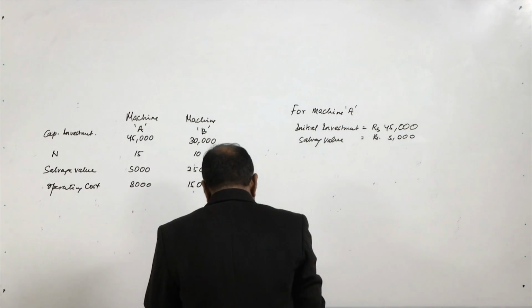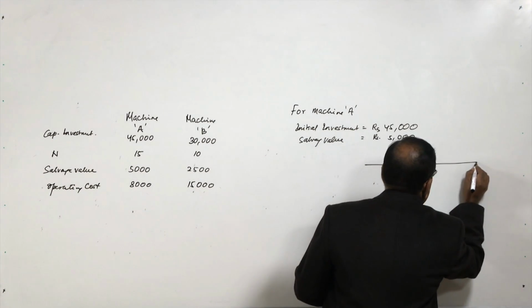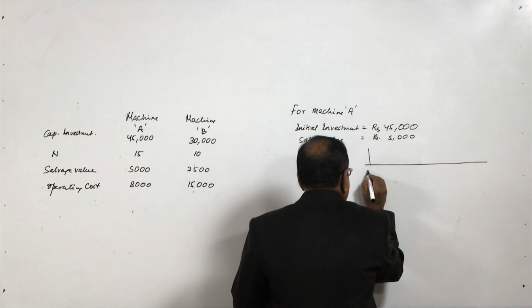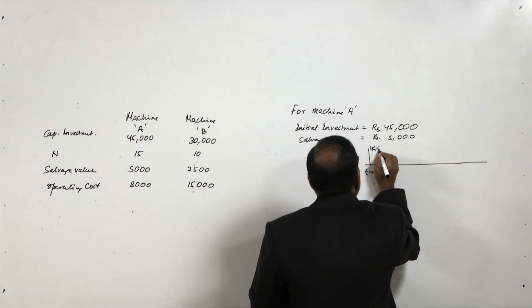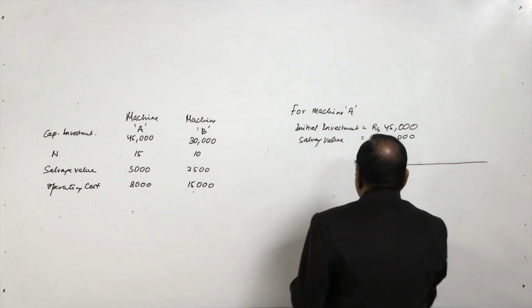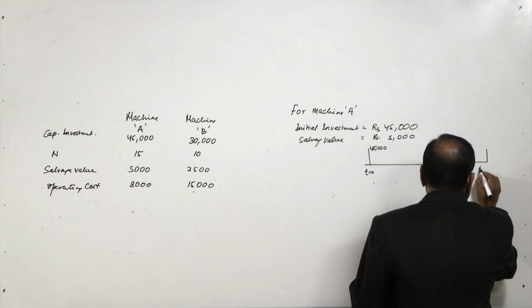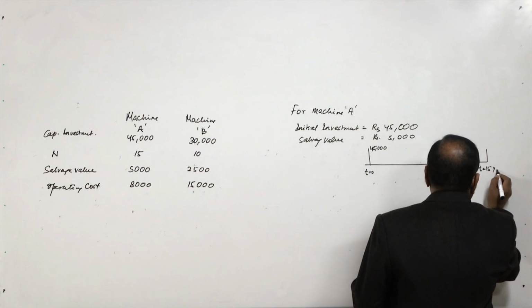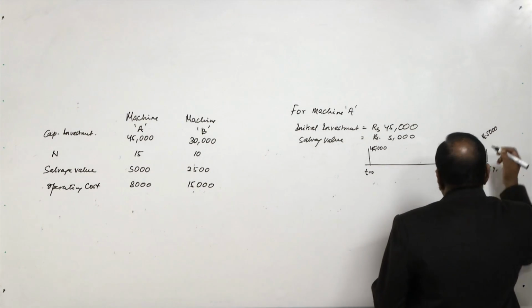If I take the timeline, at t equal to 0, I am investing 45,000, and at t equal to 15 years I am getting rupees 5,000.